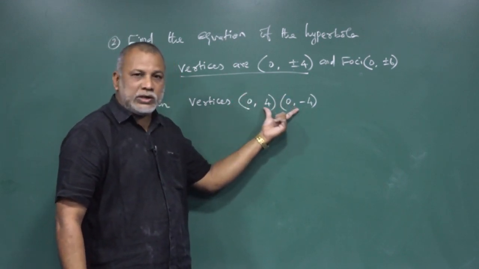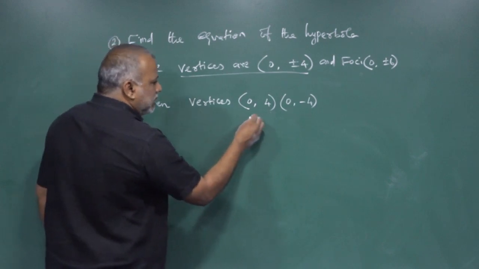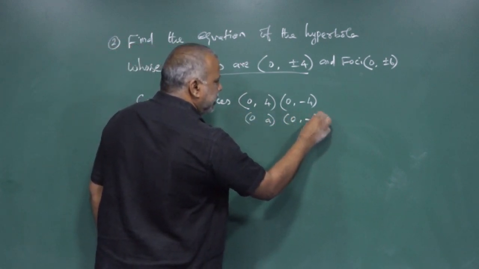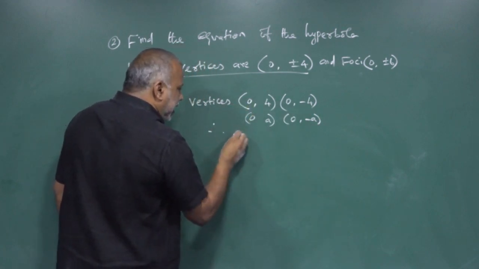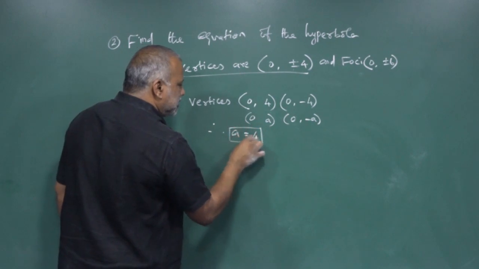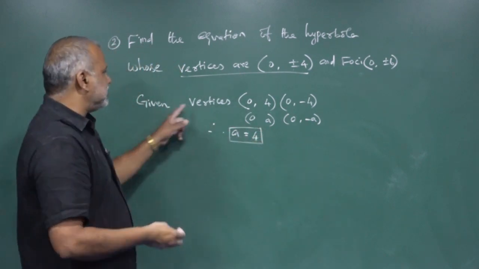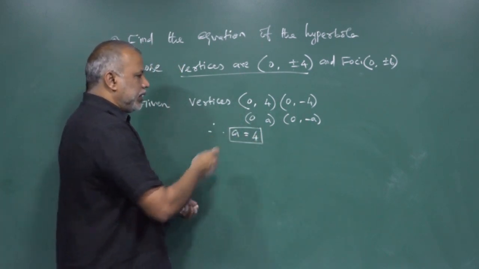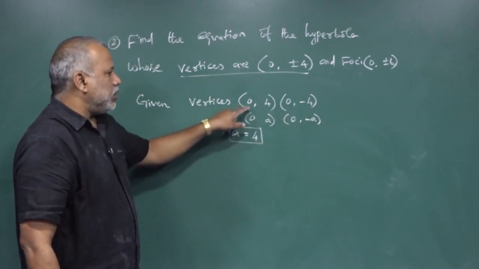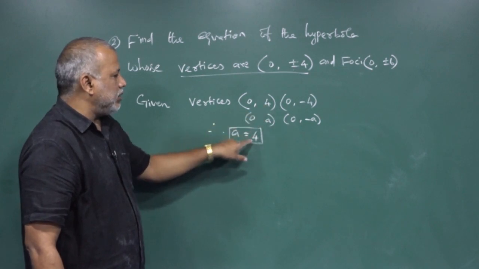It belongs to y values only. Therefore, vertices are denoted by 0, a and 0, minus a. Therefore, just by comparison, a equal to 4.